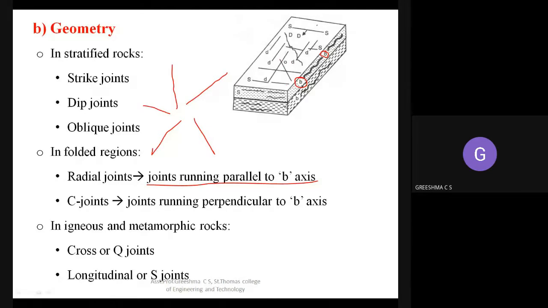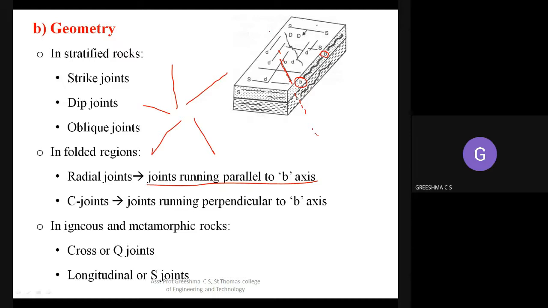Here you can see an oblique joint, which will have an oblique plane, an oblique axis like this. This axis is called the B axis, that is, the axis which is at an inclination.